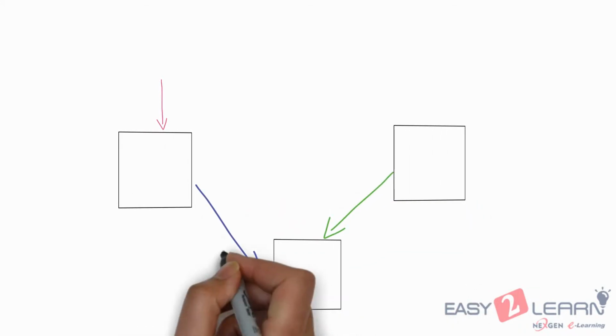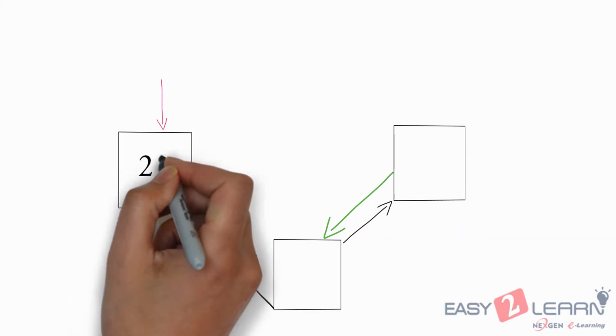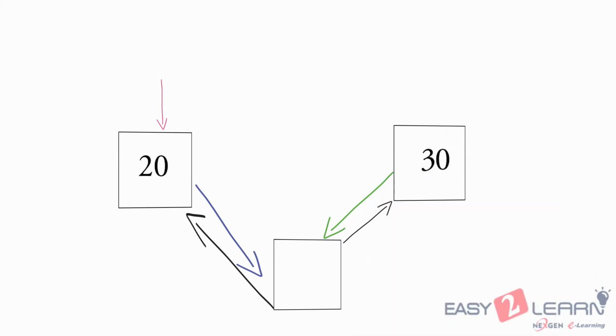So while traverse of next data is not equal to value, it should traverse towards the right. Now it reached 20. Now the next of 20 should point towards the value.